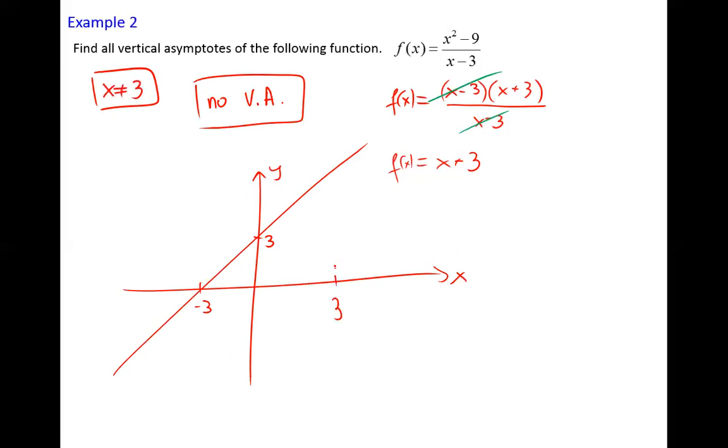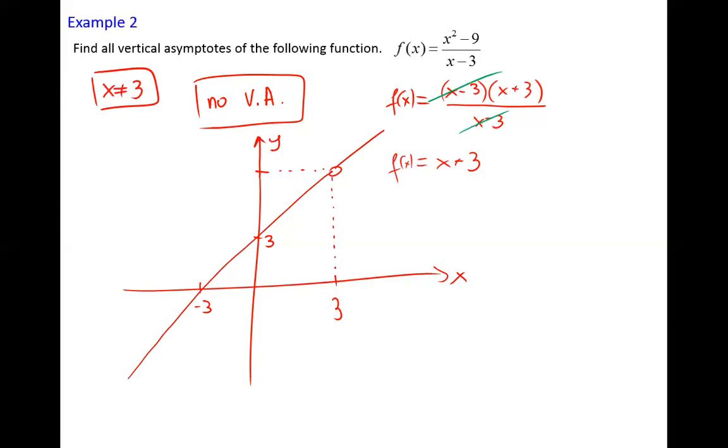That means for x equals 3, I have no value. I can draw it again. The function will have the point removed. It's not an asymptote, but the value is removed. And we can easily find this value, computing. We can easily find the height of this open dot, this removed point.